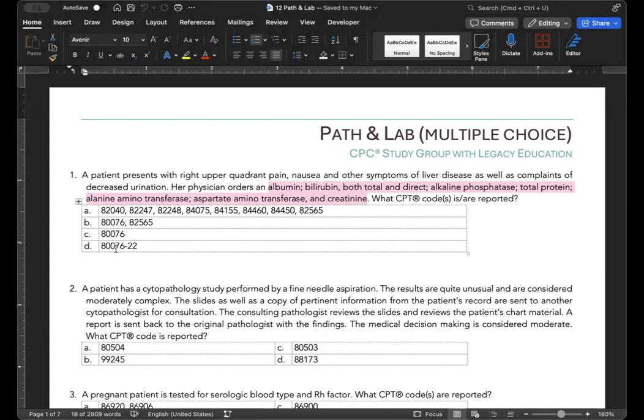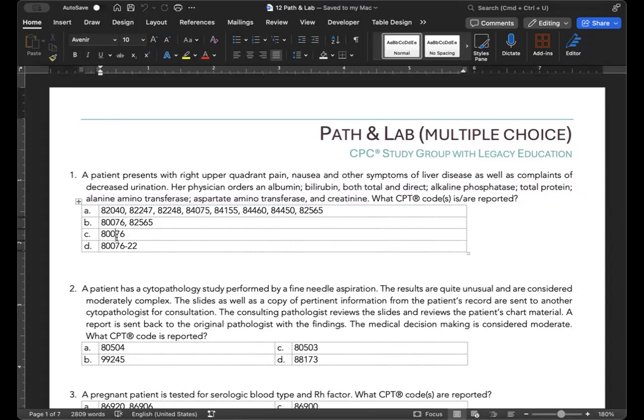So when you have these panels, the first thing that I always do is go to the code that represents the panel within your multiple choice options, and see if everything is included. If it's not, then we know we can either report things additional or we have to break everything out.